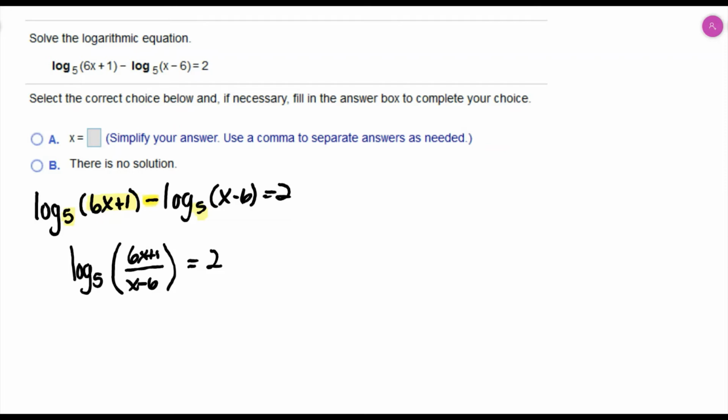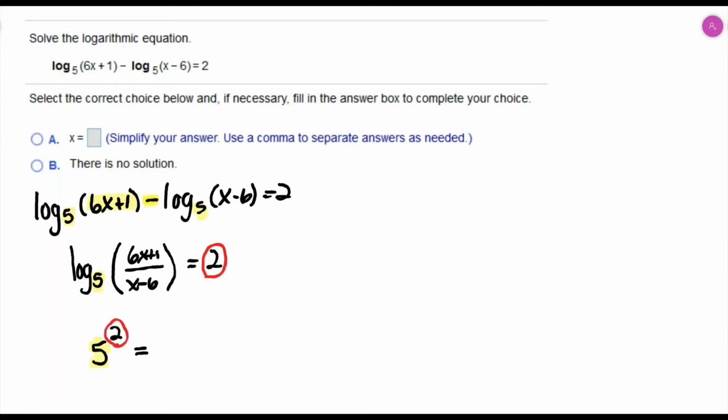So now I've condensed to a single log, and I can now convert this log equation into an exponential equation. The base of the log is the base of the exponent, so we're going to have a base 5. The log always equals the exponent, so we're going to have an exponent of 2.